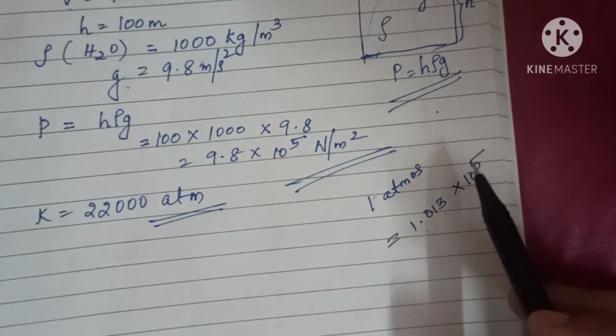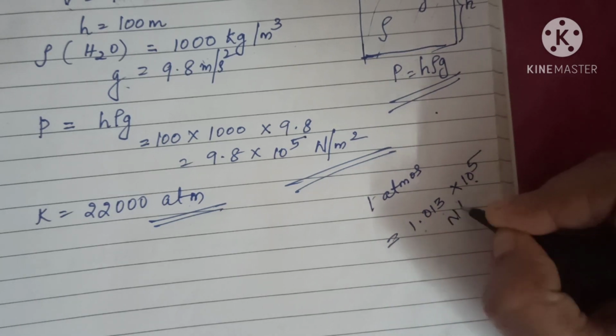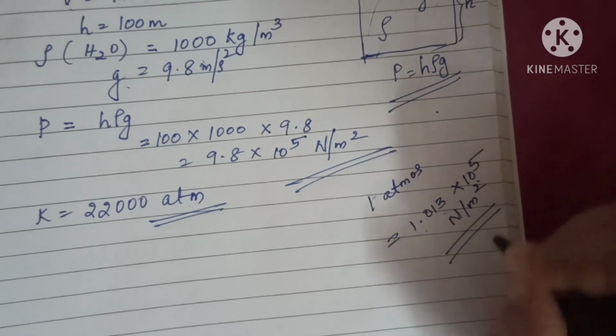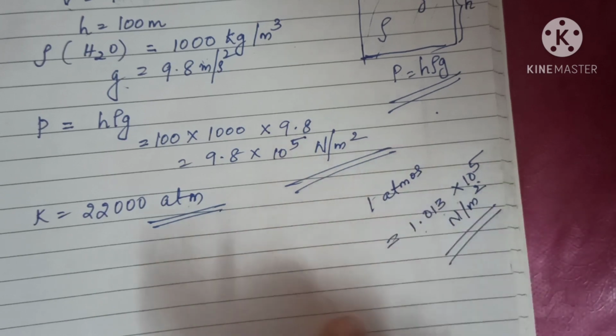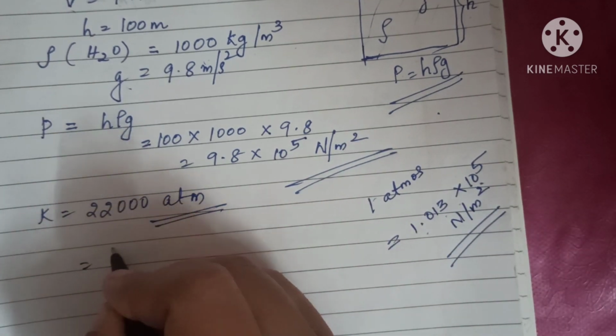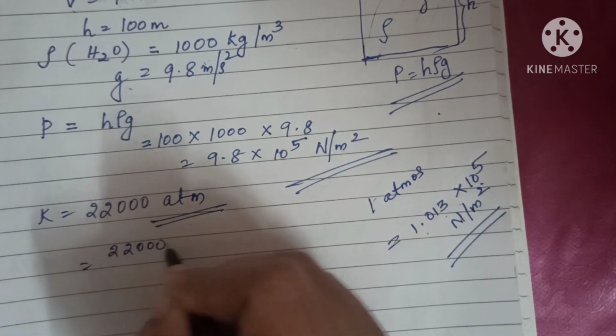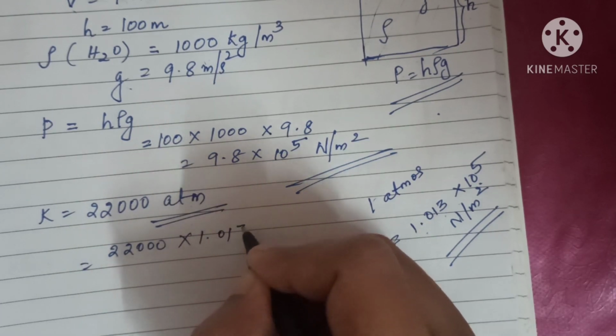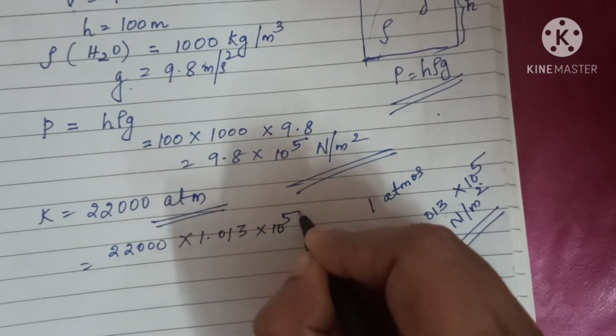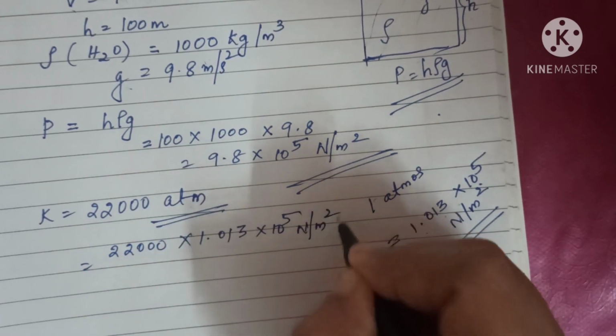Okay, so I am multiplying this to get the unit in Newton per meter square for pressure. So this can be converted like 22,000 into 1.013 into 10 power 5 Newton per meter square.